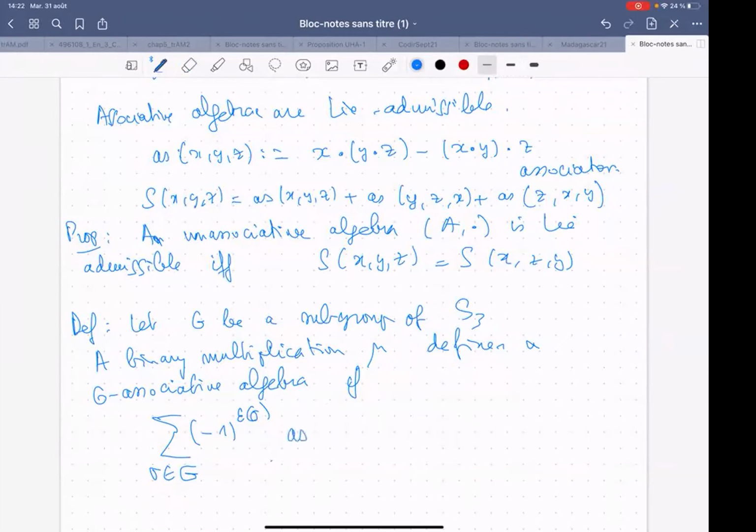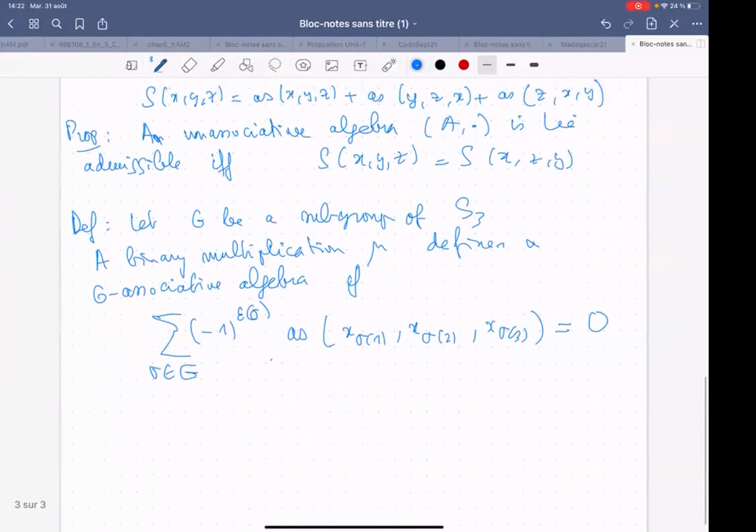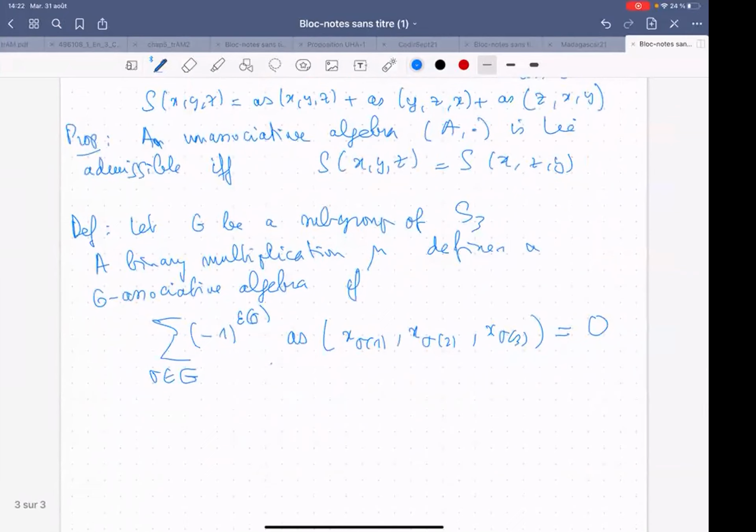The associator of (x sigma(1), x sigma(2), x sigma(3)) equals 0. This is what we call a G-associative algebra. This associator uses, of course, the multiplication mu I was talking about.